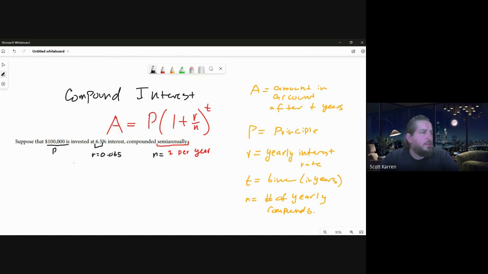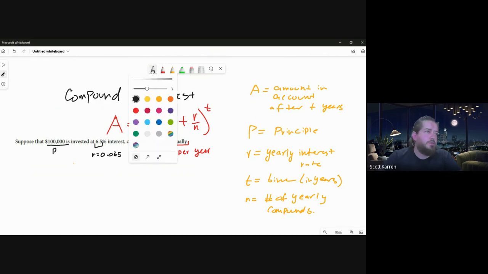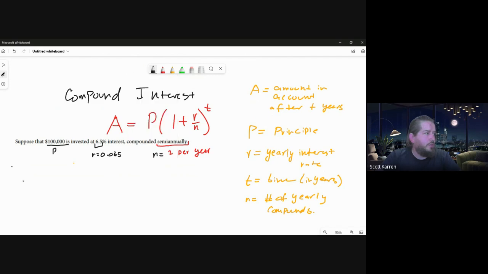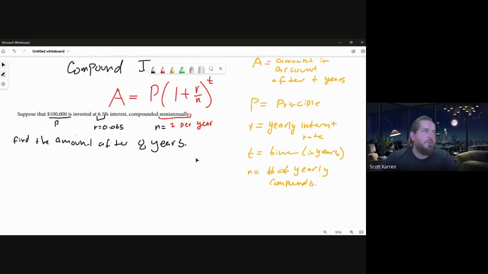And then the question is not here, but let's say then we want to know, find the amount after 8 years. So I would plug everything that I have into this formula.